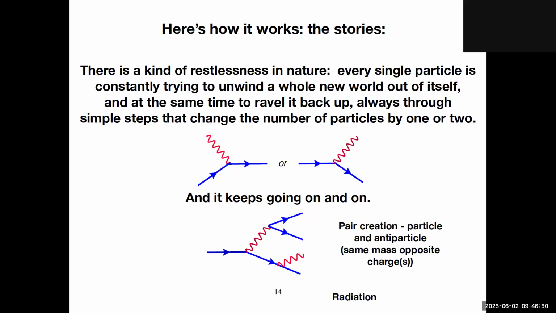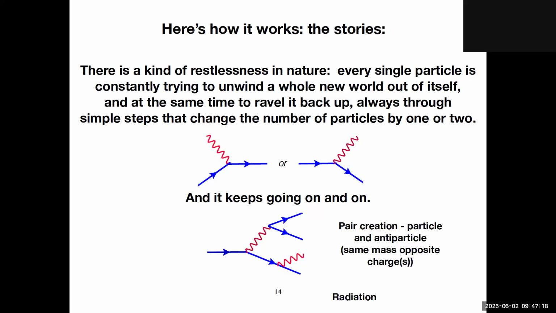So here's the idea. Every single particle is constantly trying, I mean, I've been living with this stuff for so long that to me, quarks are little people. You know? I mean, they each have their own personality, it changes. But anyway, every single particle in quantum field theory is constantly trying to unwind the whole world out of itself.